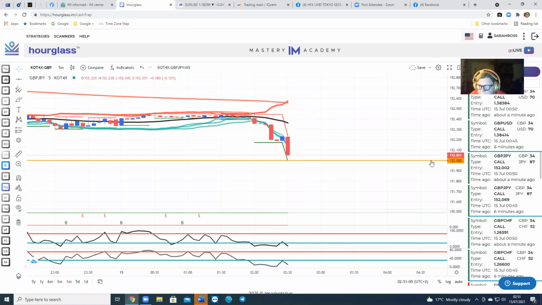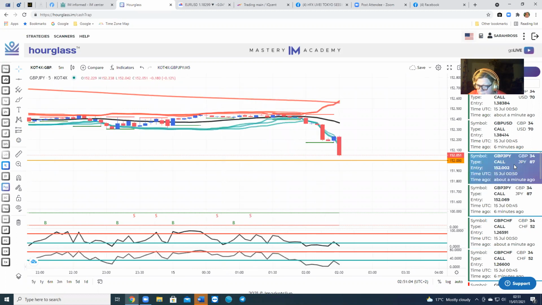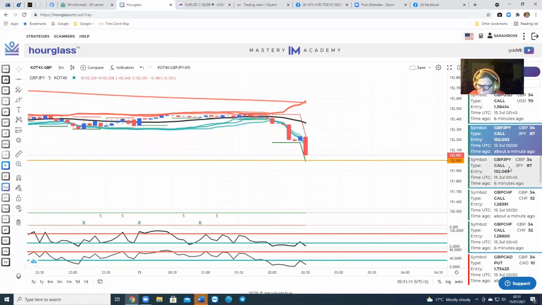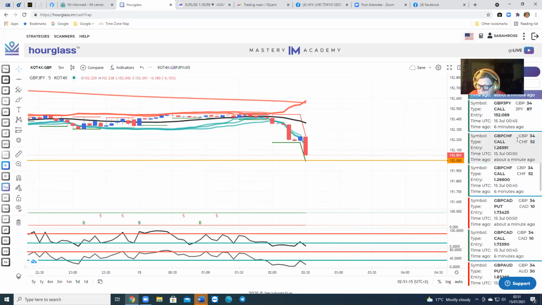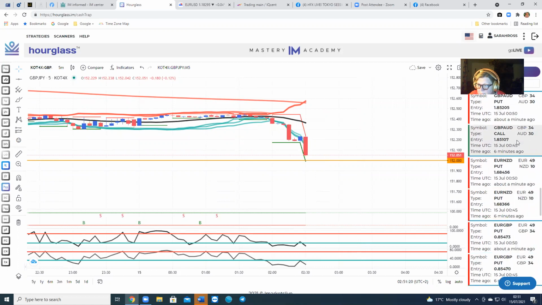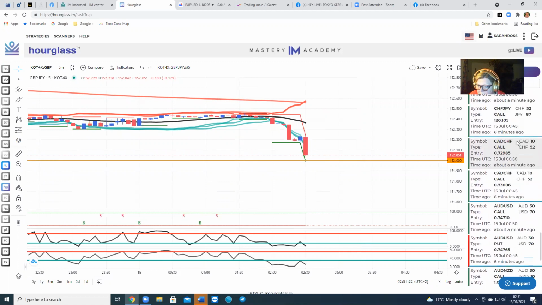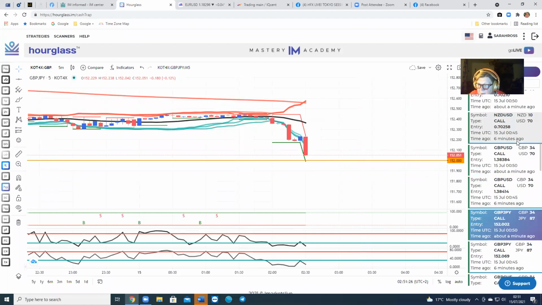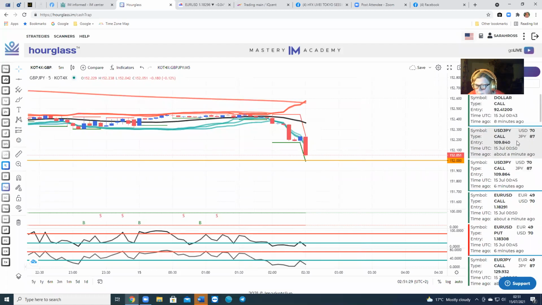GJ. Just gave us a call at 1.5, gave us a call again. And Euro JPY. Can't see that at the moment.